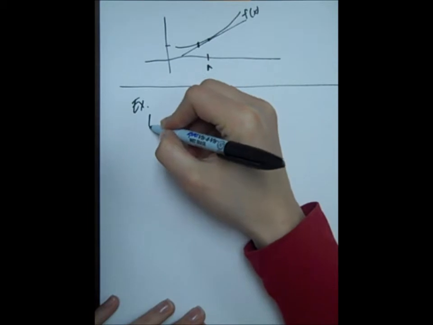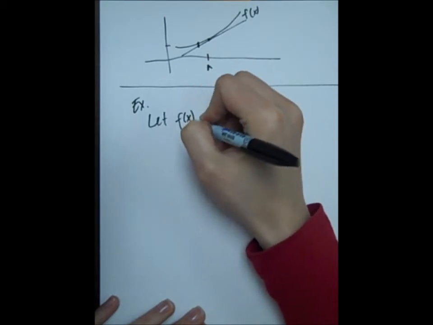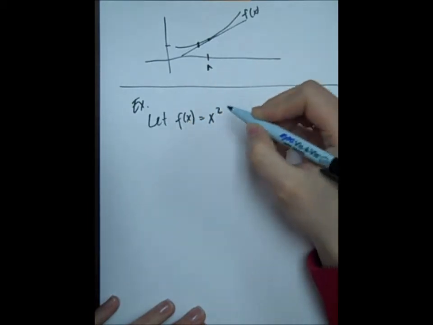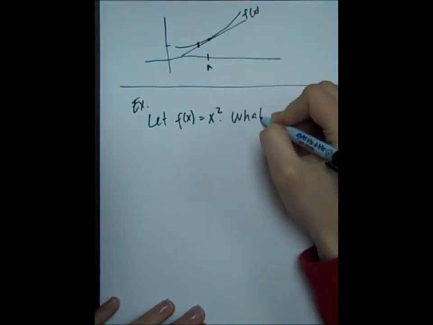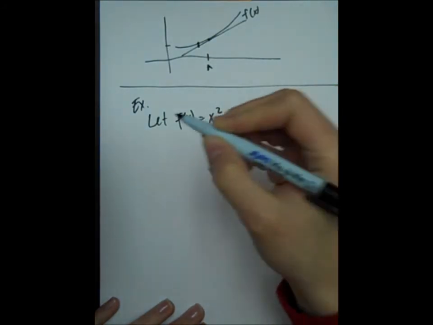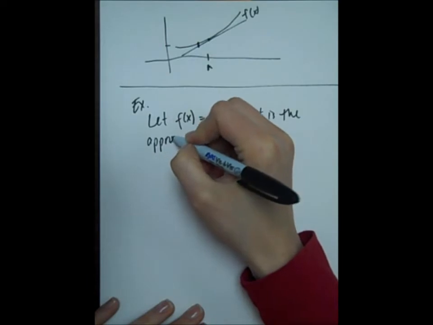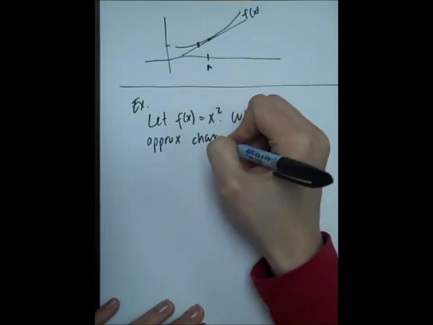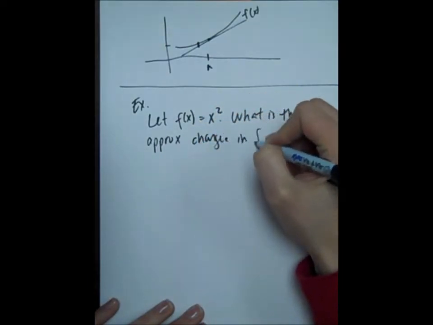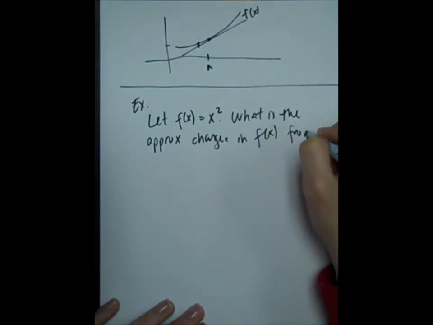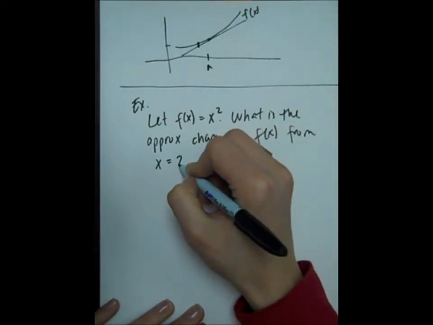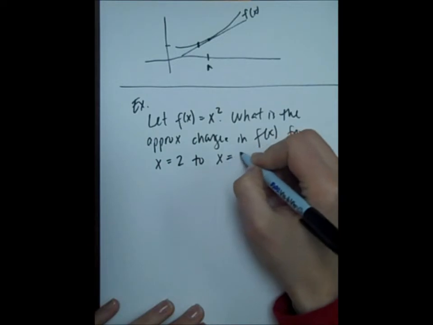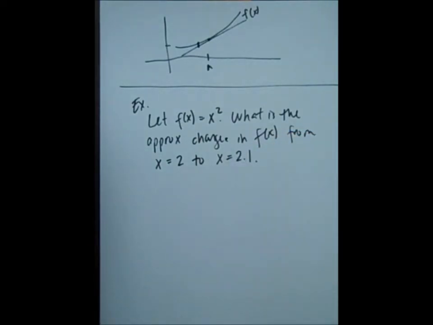Example 1, let's let f of x be x squared. I want to know what is the approximate change in f of x from x equals 2 to x equals 2.1.